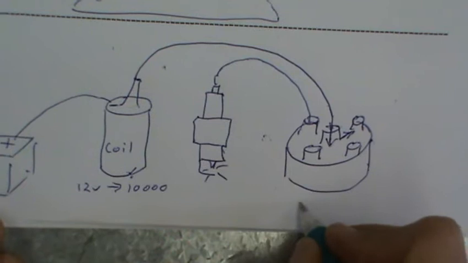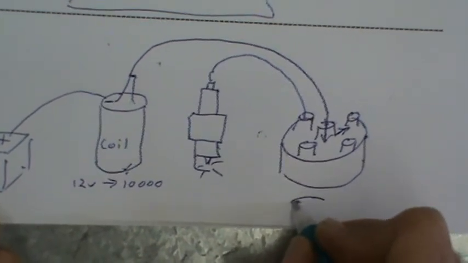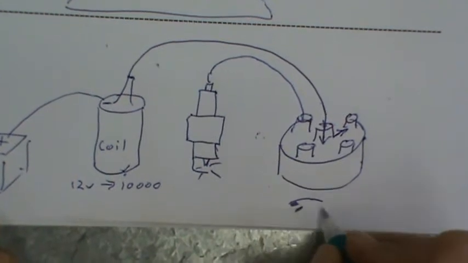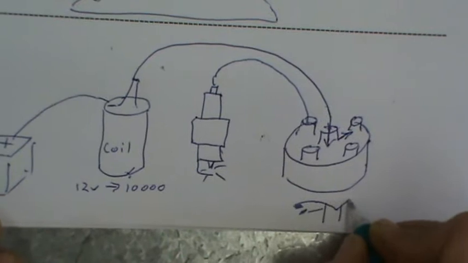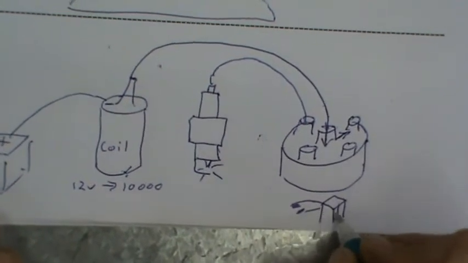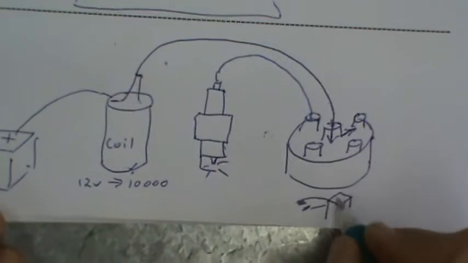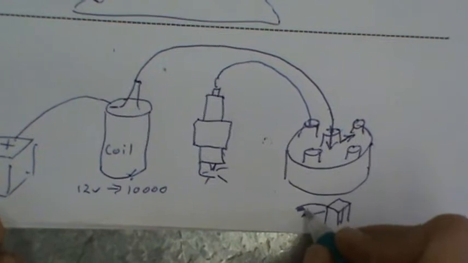The distributor's also got in it a switch which we call the points, and that's operated on a cam like that, which spins around. Once if it's a 4-cylinder, it's a square cam, and it opens and closes this switch.